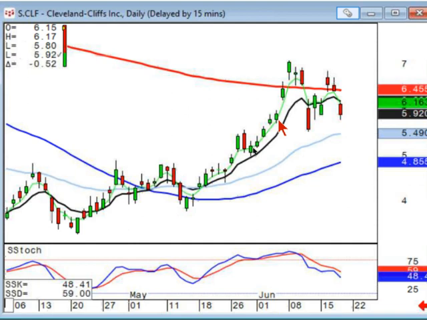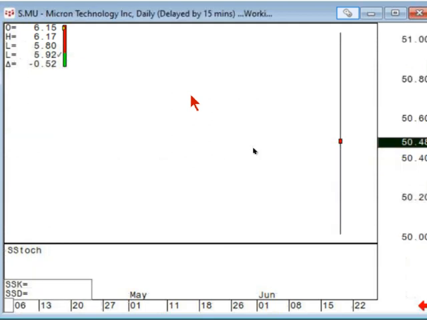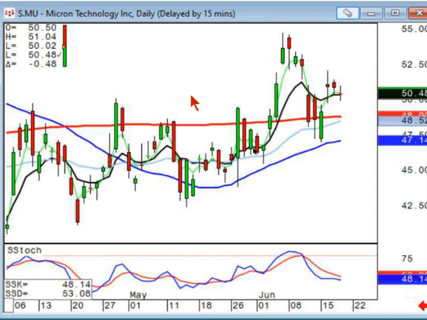Cliffs, this one you should be out of, or you could possibly be going short with that kind of gap down, making the 200 or the 50 your next likely target. Micron, nothing. If you're long, it has to open positive. But right now, that's not a good-looking chart. I'd be someplace else.